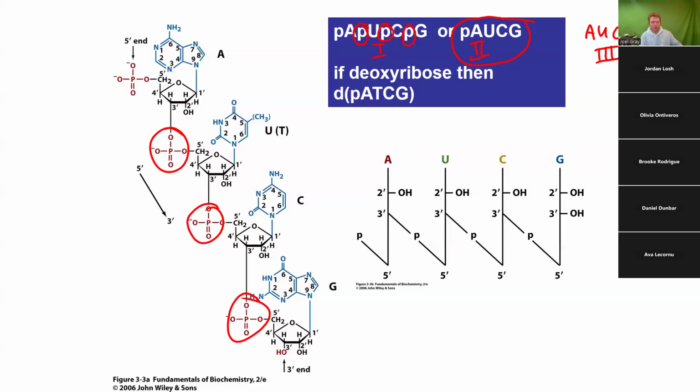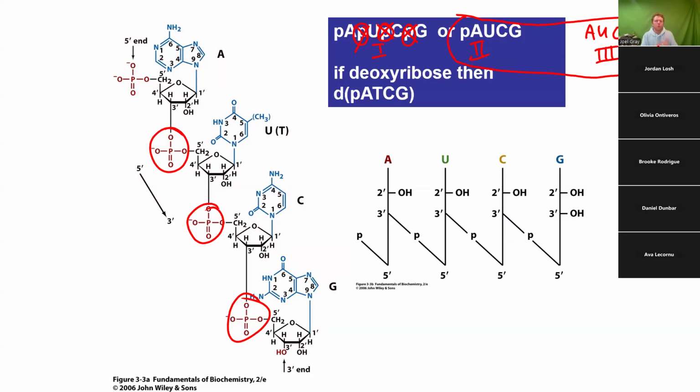Could you give me a Y in the chat if you understand what I'm saying there? So putting those P's there to me is just kind of overkill. It's like, well, yeah, of course. Now, with that in mind, let's look at answer options 2 and 3.